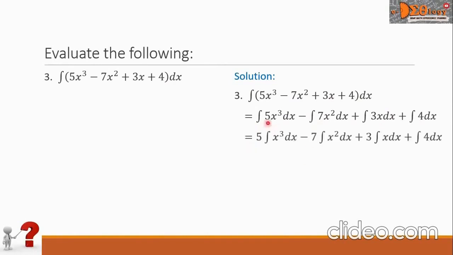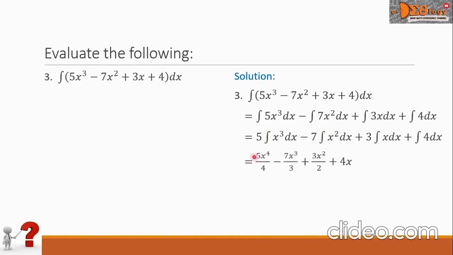So we have this constant 5 comes out now. This constant 7 comes out of the integral. The constant 3 comes out of the integral. And then we will apply the power rule here, here, and here. While for the integral of 4 dx, we will apply the integral of a constant.